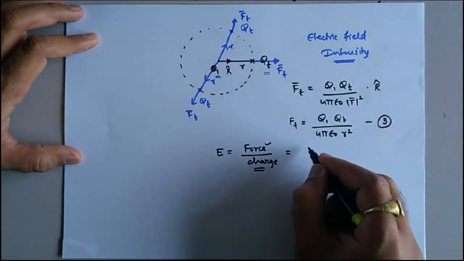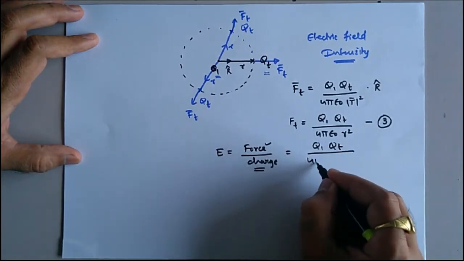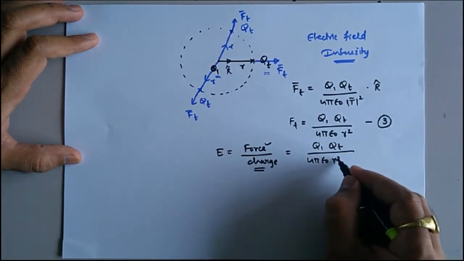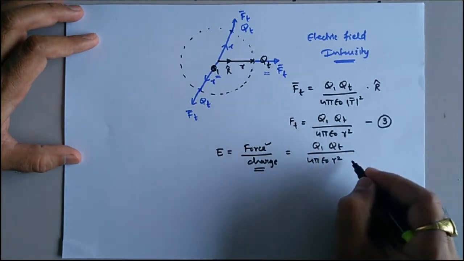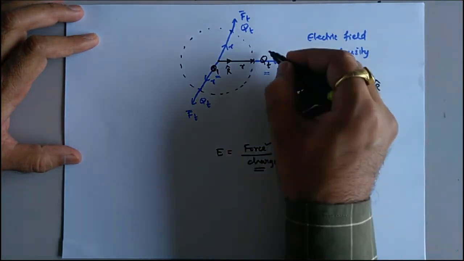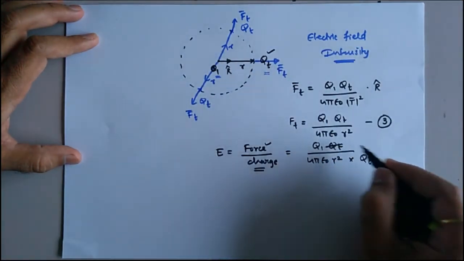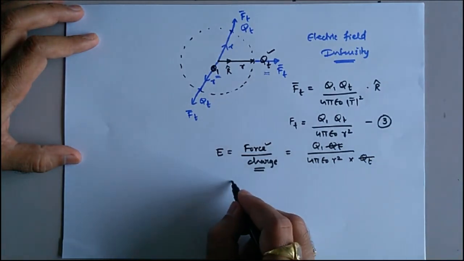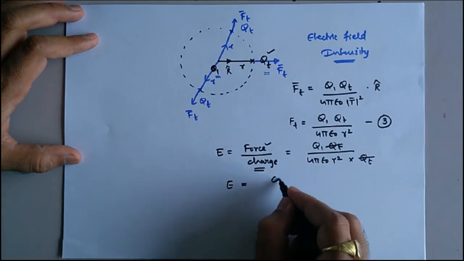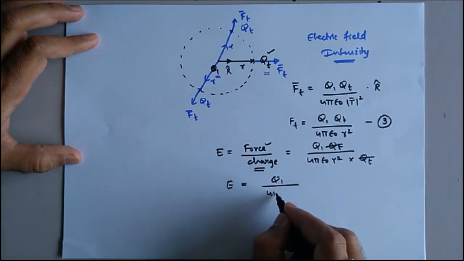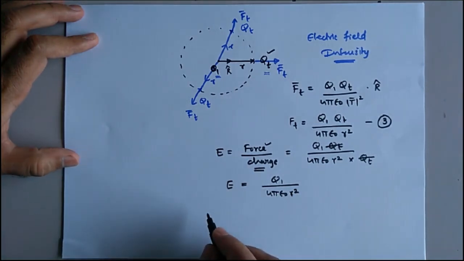So we can write q1 into qt whole divided by 4 pi epsilon naught into r square, which is the expression for force from equation number 3, divided by charge qt. This qt will get cancelled out, and finally we get the expression to calculate electric field intensity as q1 divided by 4 pi epsilon naught into r square.